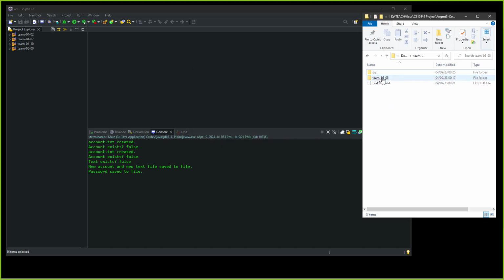Okay, so what is inside here? Okay, so this is another wrong thing, you see? Why do you have a team 0505 inside your source code? I am not sure which one is correct. Probably, I guess this one is the right one because I see the SQLite here.